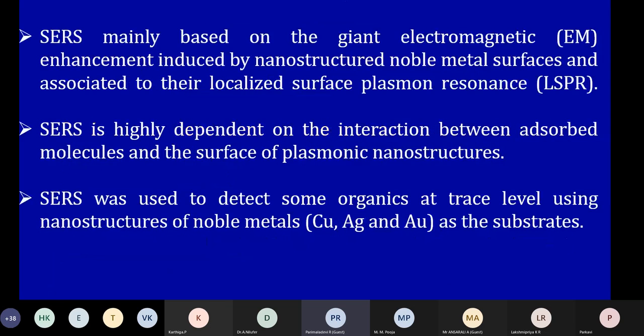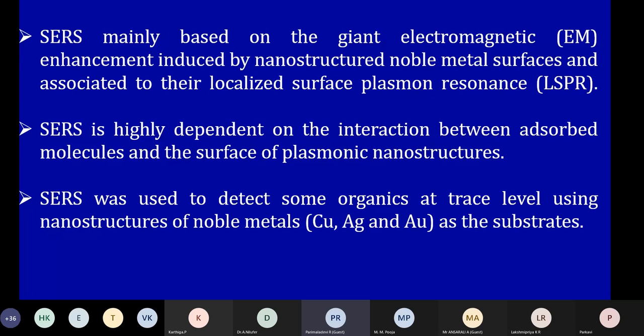This is mainly based on electromagnetic enhancement induced by a nanostructured noble metal surface and associated with localized surface plasmon resonance. This is nothing but when you interact light with a noble metal surface. Noble metal is nothing but gold, silver, platinum, copper, like that.